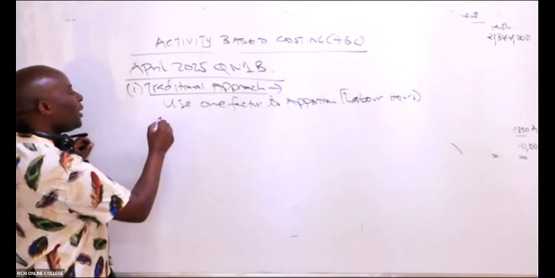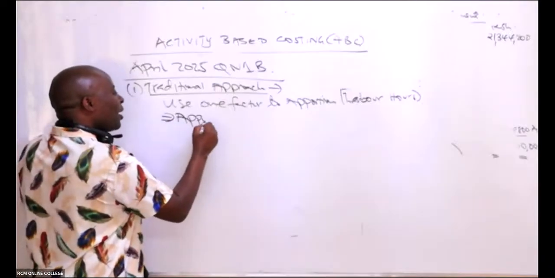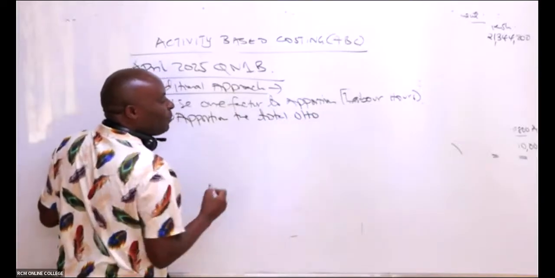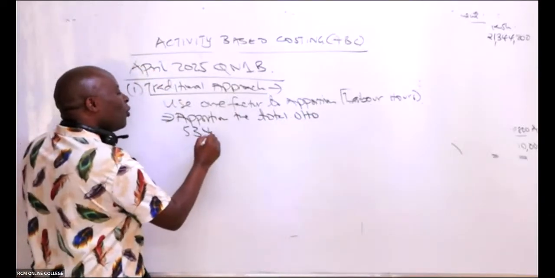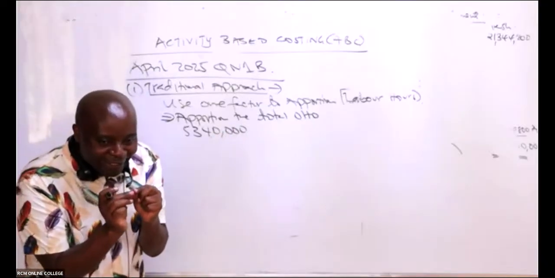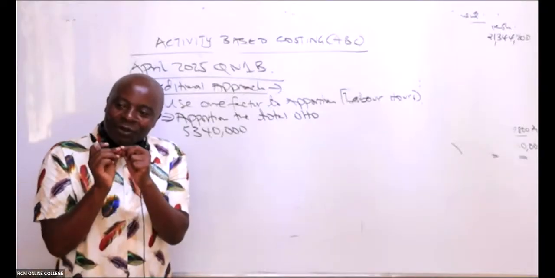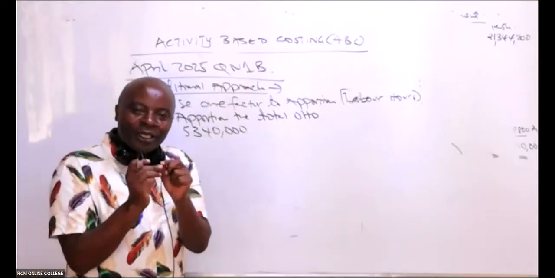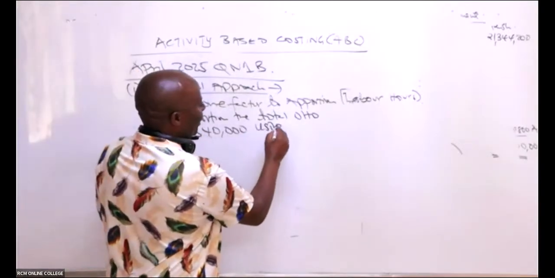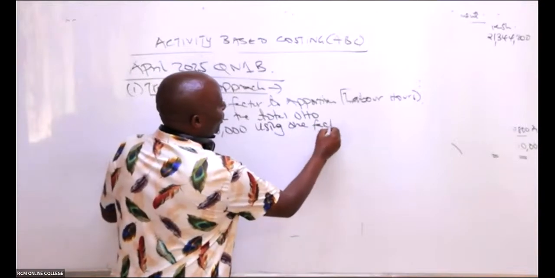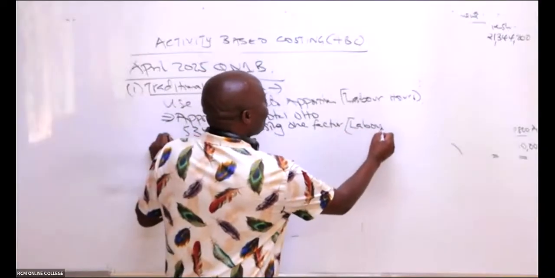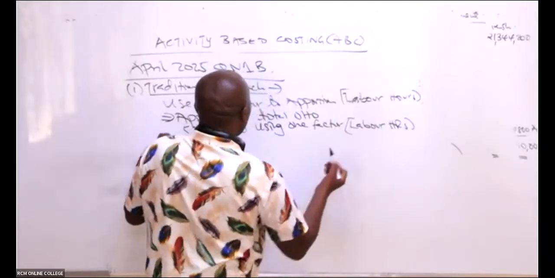Let me first of all drive the concept home. So in short, they want us to apportion the total overhead of 5,340,000 without looking at the individual components. They want us to apportion the total overhead using just one factor, which is the labor hours.